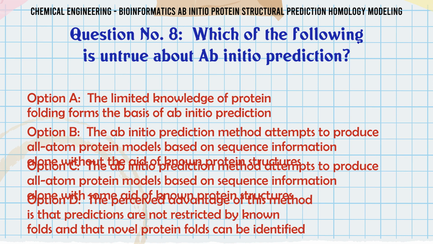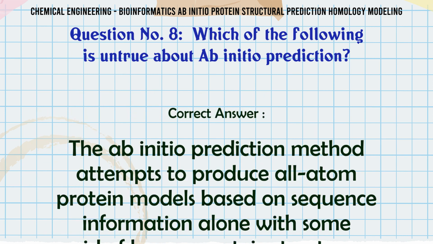D. The perceived advantage of this method is that predictions are not restricted by known folds and that novel protein folds can be identified. The correct answer is the ab initio prediction method attempts to produce all-atom protein models based on sequence information alone with some aid of known protein structures.